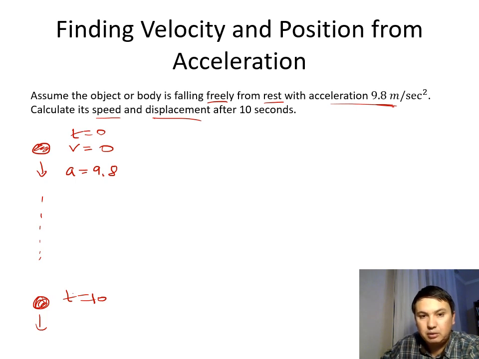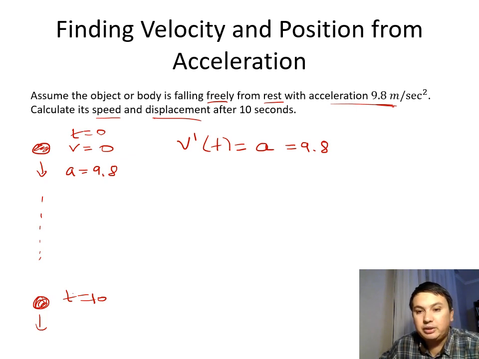What we know is that the derivative of the velocity gives us the acceleration, and we know that the acceleration is 9.8. So the derivative of velocity is 9.8. Then what is the velocity?